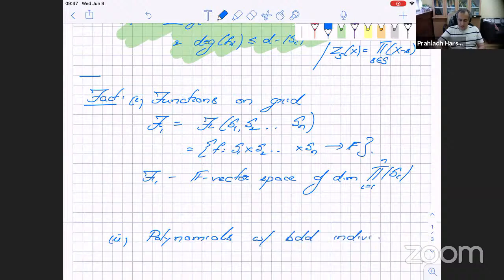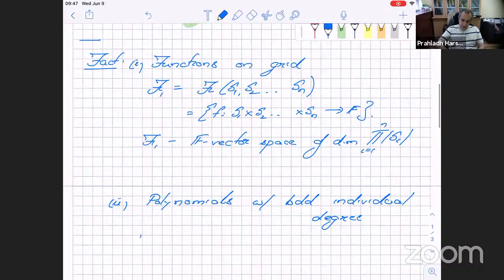Define this class F2, which is the space of polynomials over F, n-variate, taken mod S1, S2, ..., Sn.